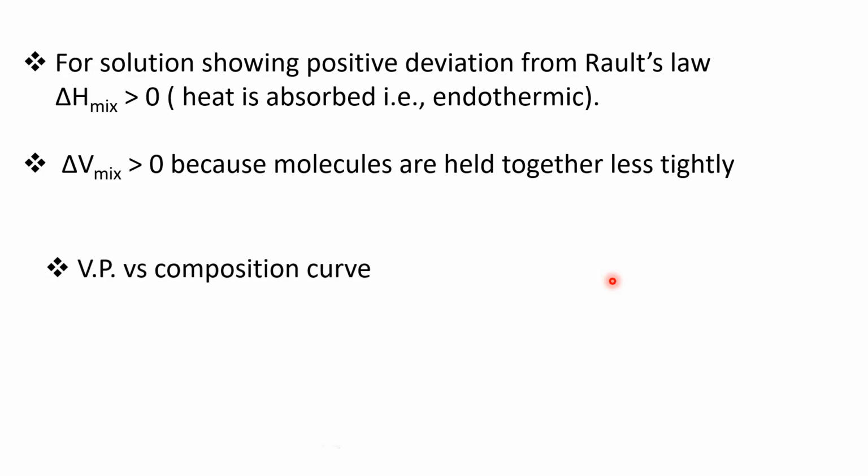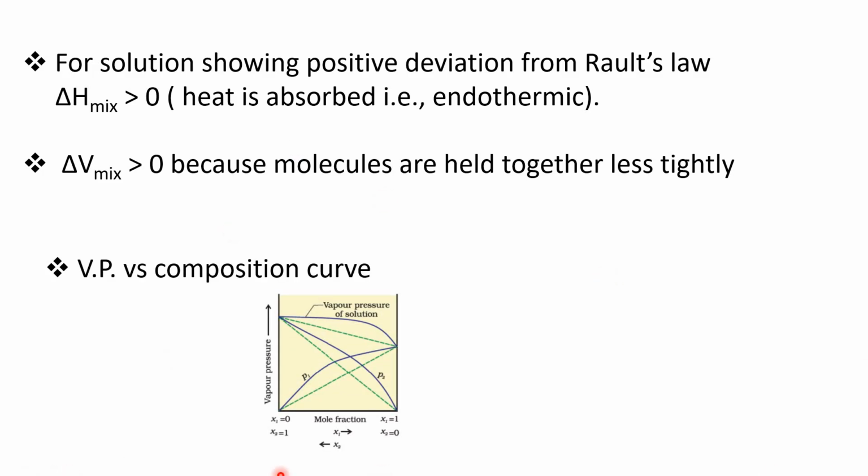Now coming to the vapor pressure composition curve. Here, this dotted line indicates the partial vapor pressure of component 1 if it behaves ideally, but the actual vapor pressure of component 1 is this one, a little higher.